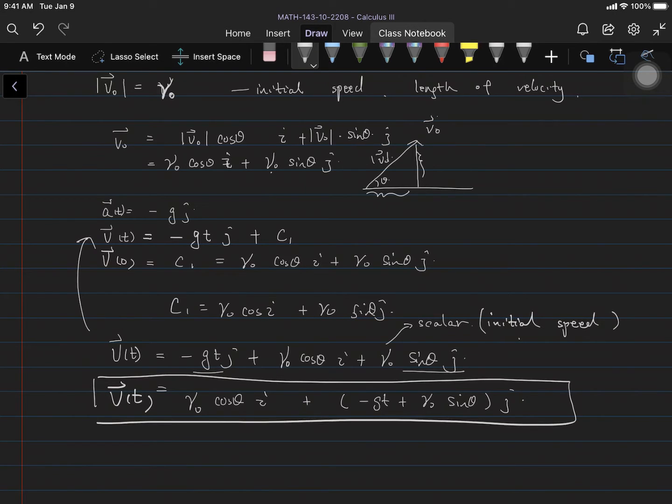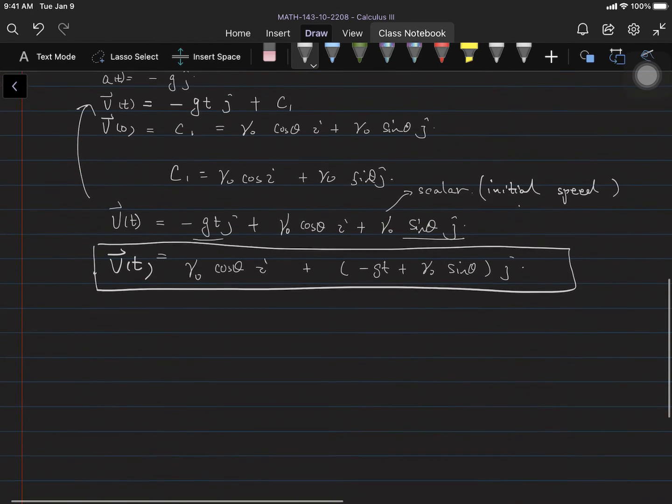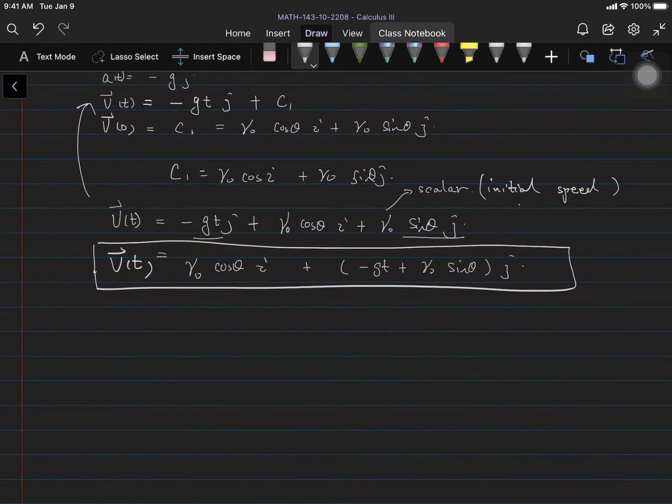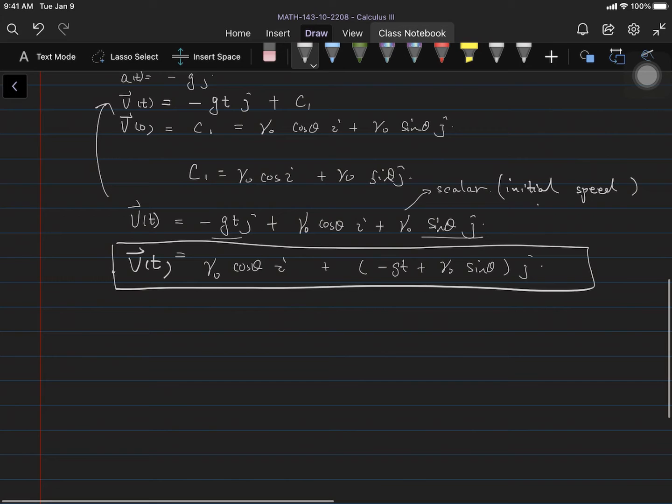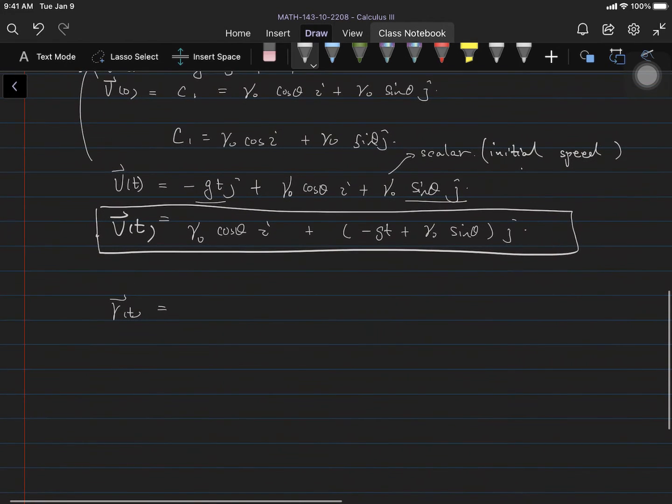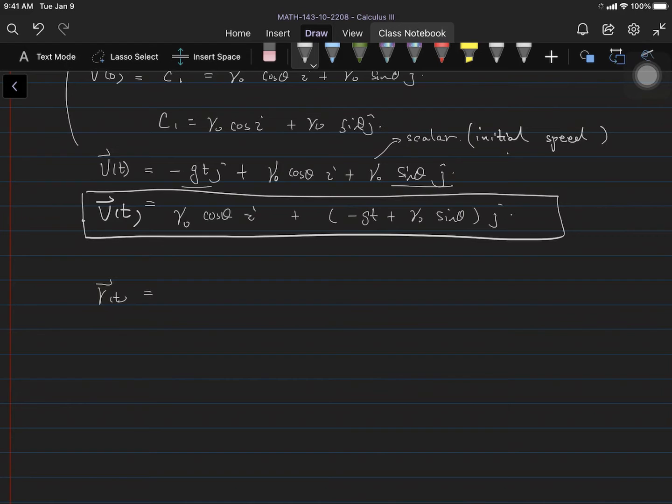But what we are looking for is r(t). We want to solve this differential equation, right? So this initial value problem. So r(t) is the integral of v(t) actually. Let's do the integral. For the i term, this is just a constant times t, i.